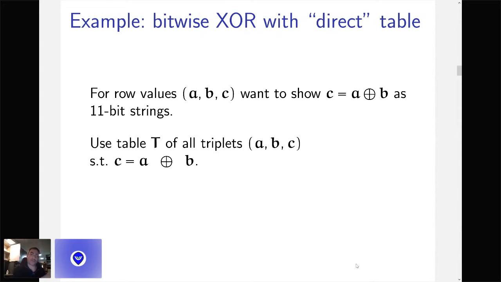Because that is the price that the prover is going to pay. And of course, we have to look at all these combinations of 2 inputs of 11 bits, so the table is going to have 2 to the 22 rows.